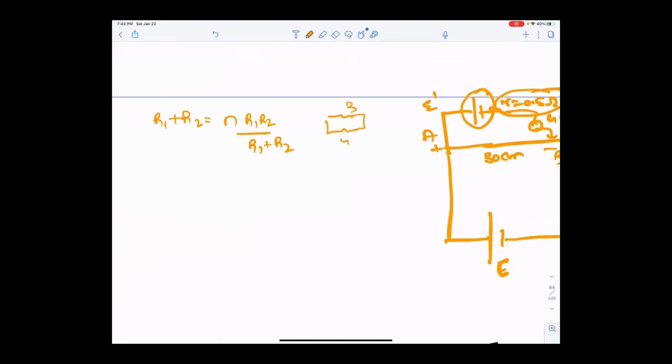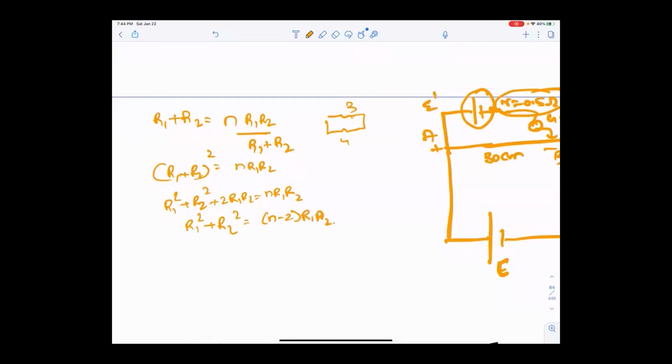R1, R2 both are variables here. So R1 plus R2 whole square is equal to N times R1 R2. So R1 square plus R2 square plus 2 R1 R2 is N times R1 R2. So R1 square plus R2 square is (N minus 2) R1 R2.